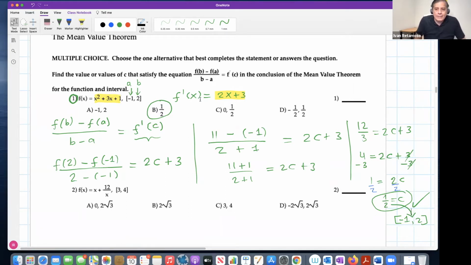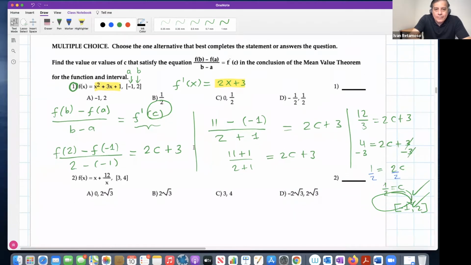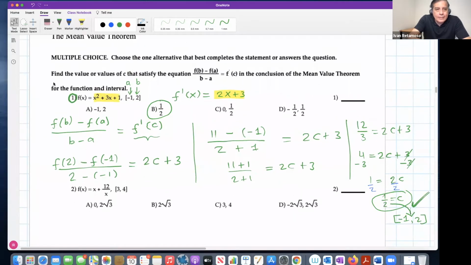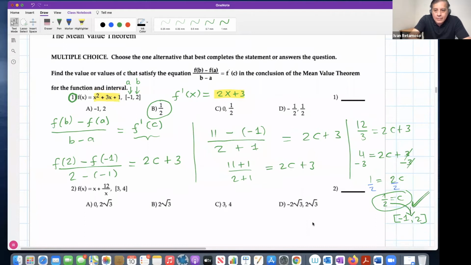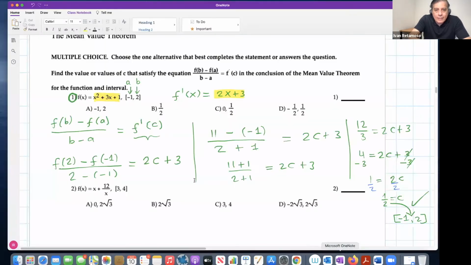This is the way you find that c that supports the conclusion of the mean value theorem. Following this, try to do the next one, I will show you which one you can do now. And little by little, we will go over more complicated forms.